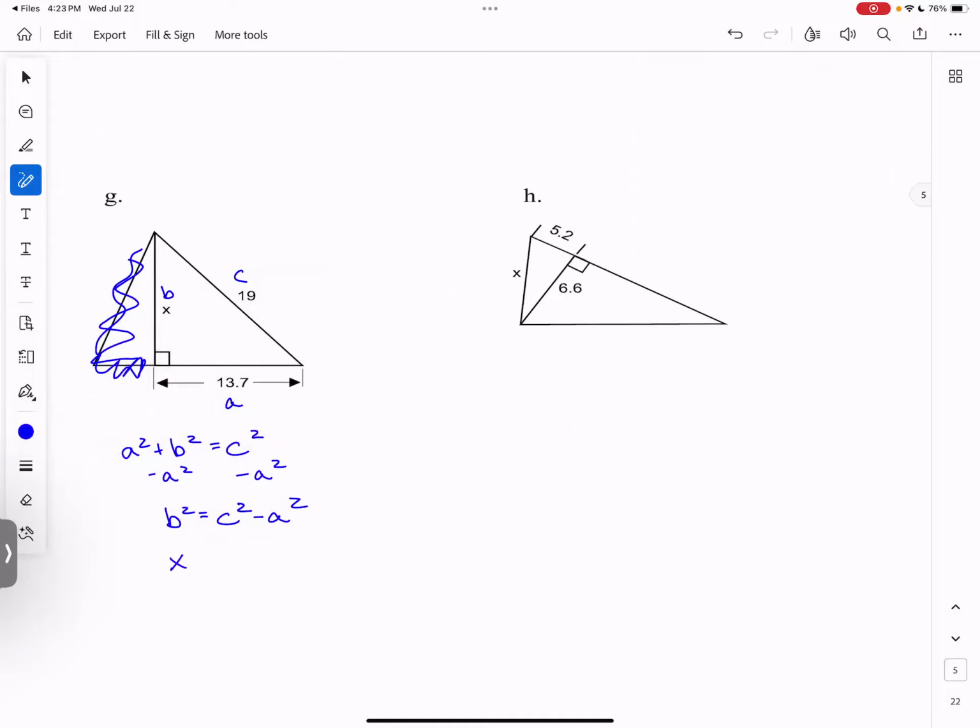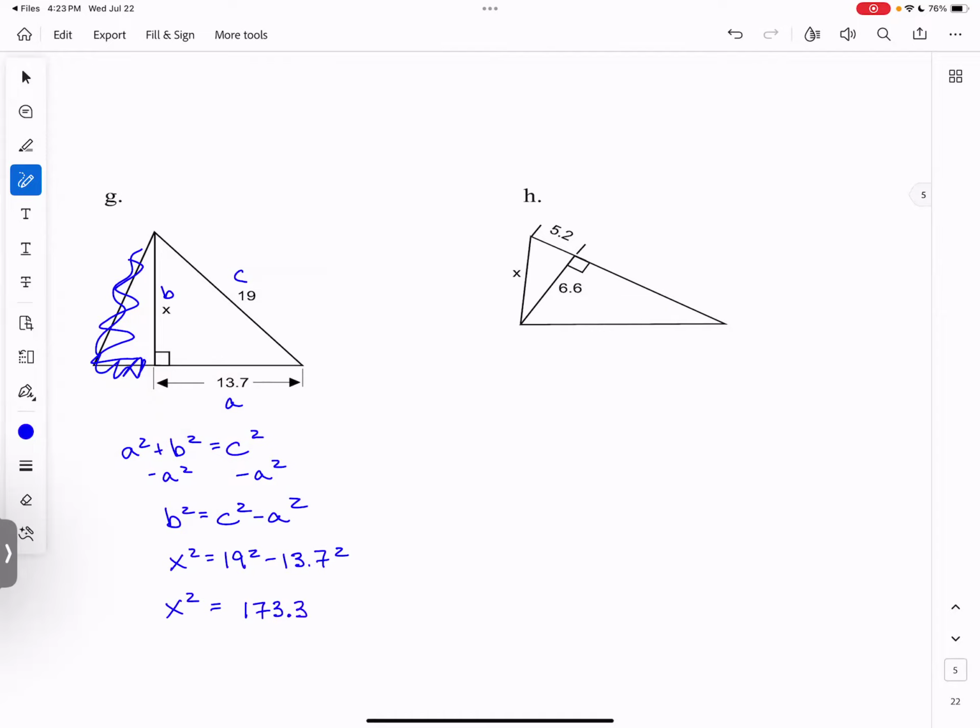So x squared is 19 squared minus 13.7 squared, which gives us 173.31.